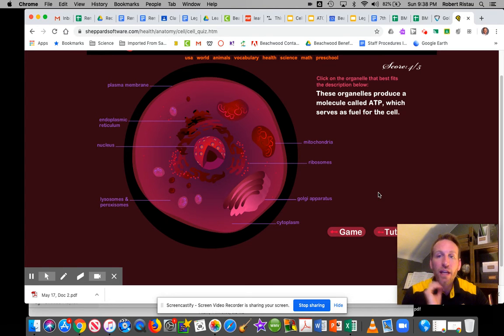Organelle to make ATP. ATP is energy. So that's the mitochondria. And let's talk about how we can tell what mitochondria is in a cell diagram. They are usually these things that kind of look football shaped, almost kind of like a lima bean, if you will. I'm not really quite sure how else to describe that shape. And then they usually have some sort of squiggly lines in there.